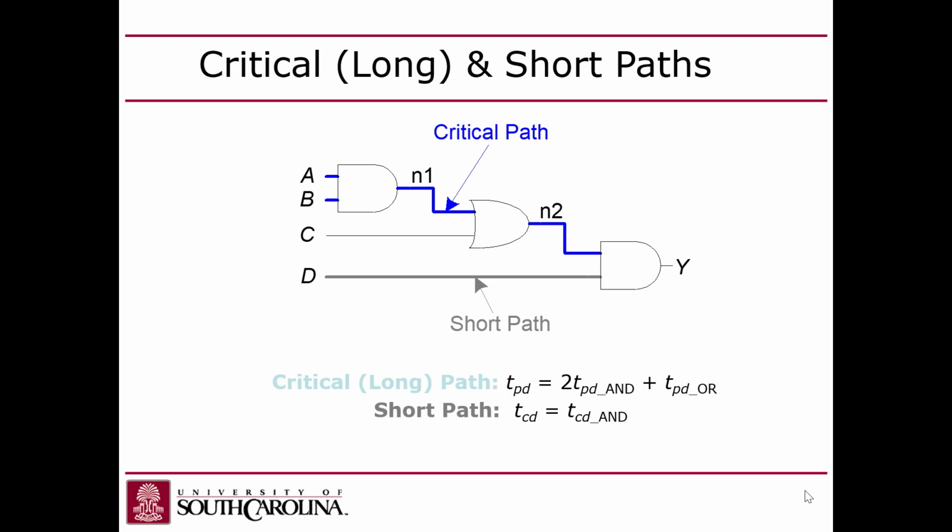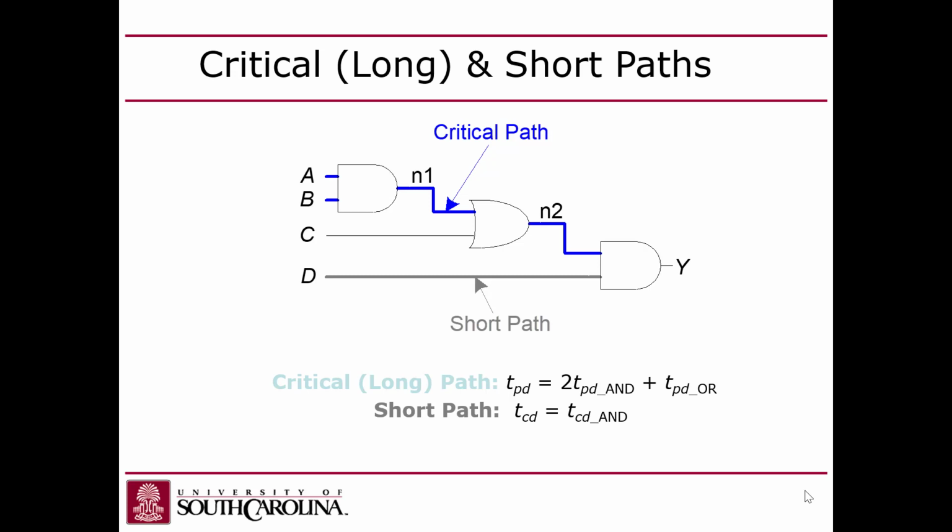You guys with me? So there are some paths through the logic circuit that are longer than others, depending on which input you're changing. Make sense? So the contamination delay is essentially how long it takes to get through the shortest path, and the propagation delay is how long it takes to get through the longest path. Does that make sense?